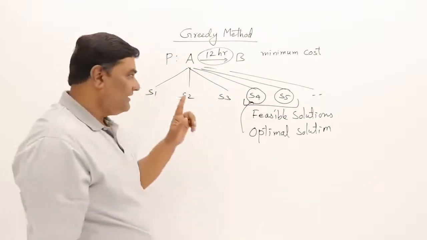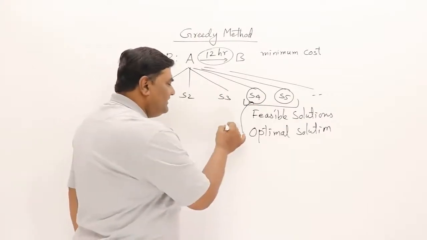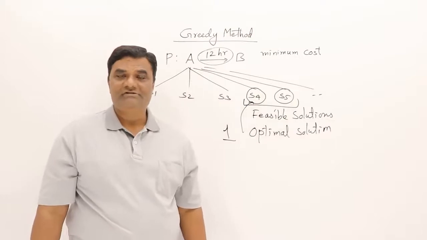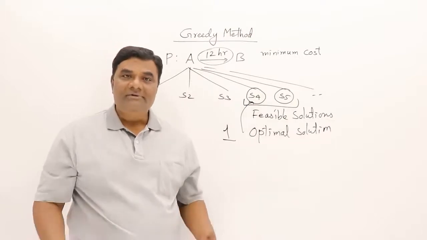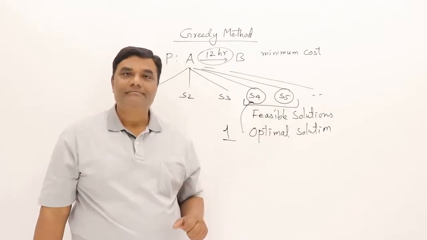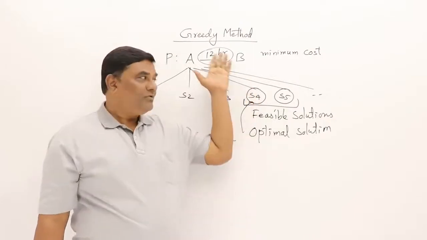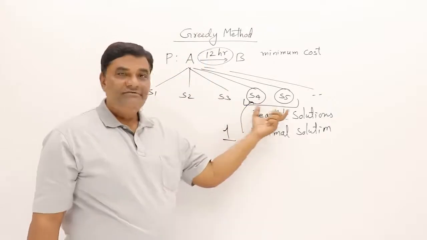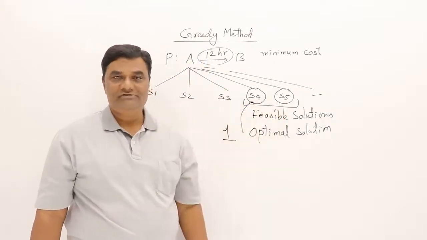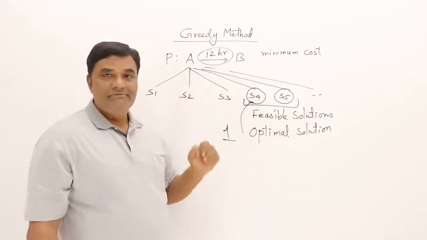And definitely for any problem there can be only one optimal solution. There cannot be multiple optimal solutions. That means there can be only one minimum cost. Minimum can be only one. There can be more than one feasible solution, but there will definitely be only one optimal solution.